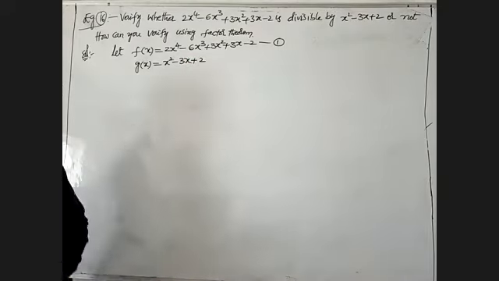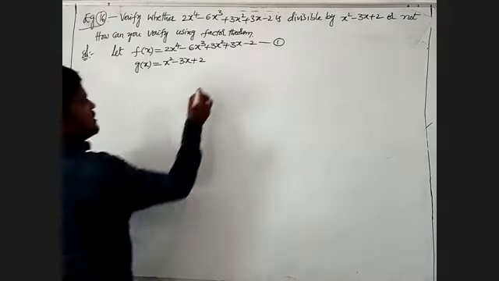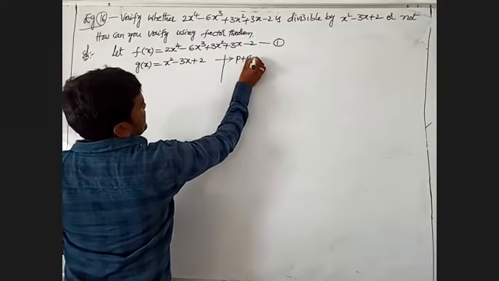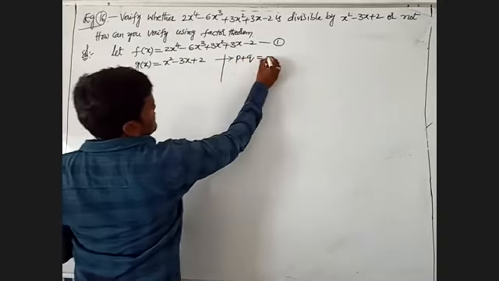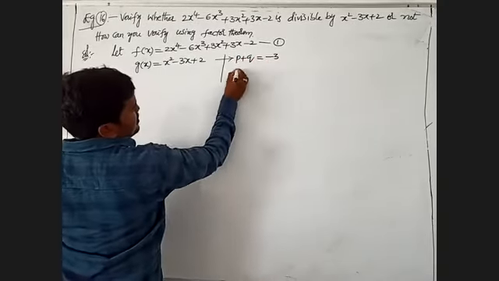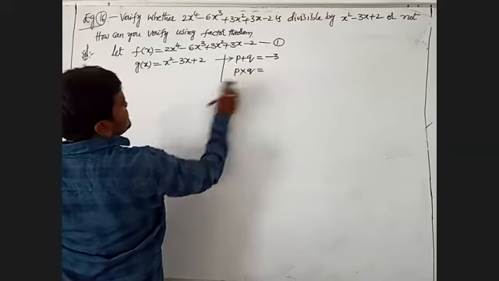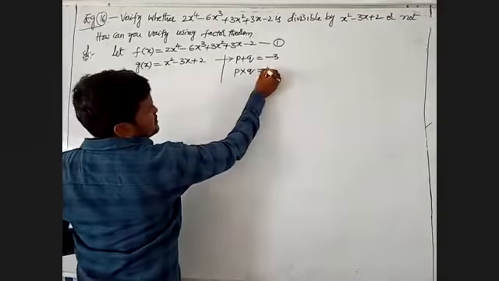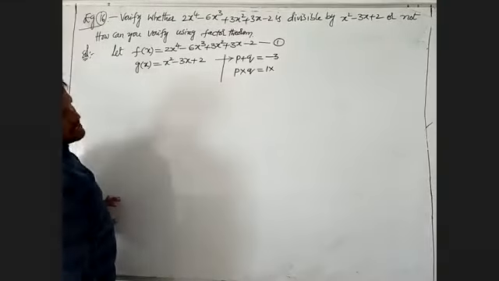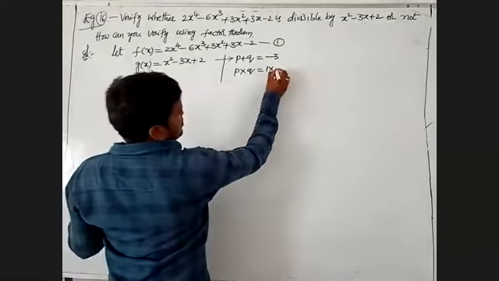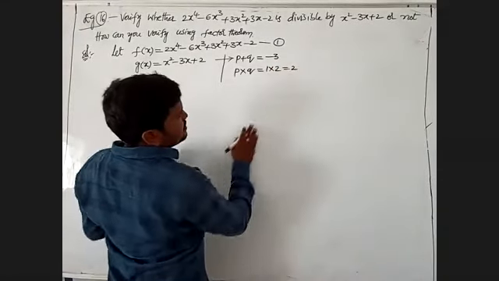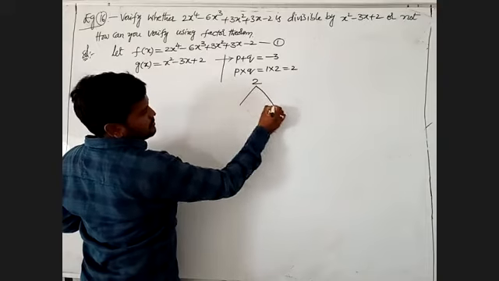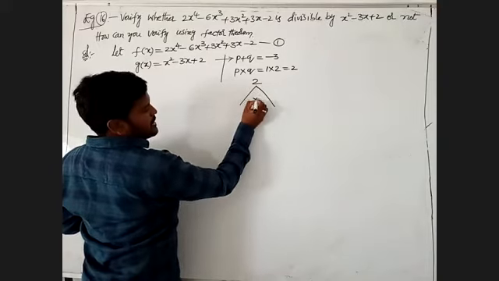Here p plus q will be the middle term, which is minus 3, and p into q will satisfy first term into last term. The coefficient of x square is 1, and the constant is 2. So 1 into 2 is equal to 2. This is the multiplication.